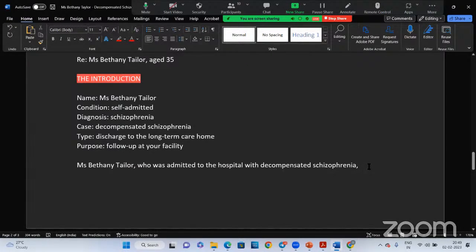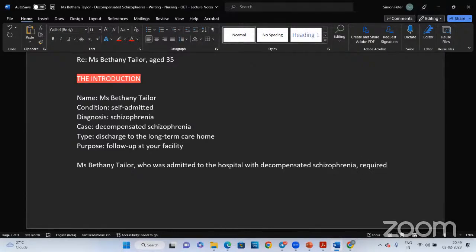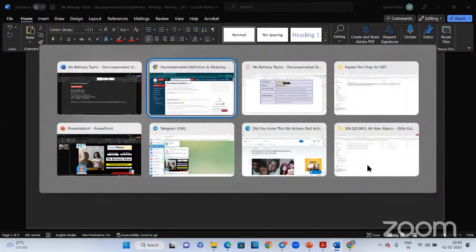Right. Requires, okay, what? Long-term care home requires what?